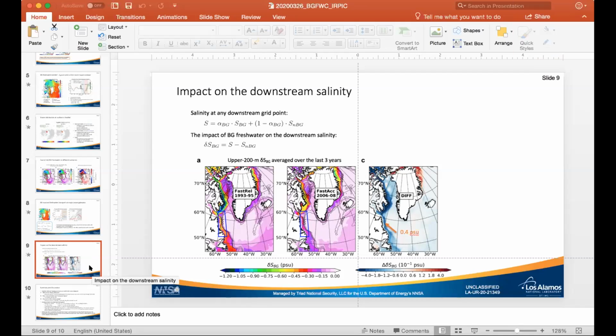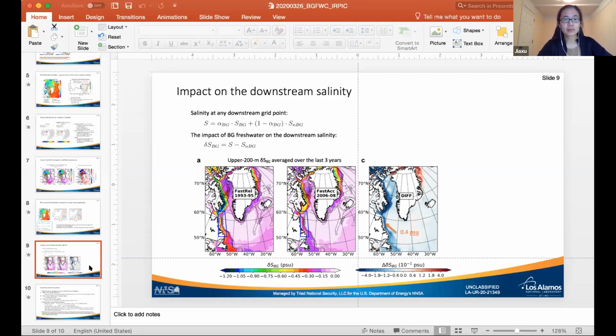Yes, you're right. We didn't consider any of the sea ice component, but this is a really good point. It will be really interesting to compare the liquid freshwater part and the sea ice export part, and see whether they have a positive or a negative correlation.